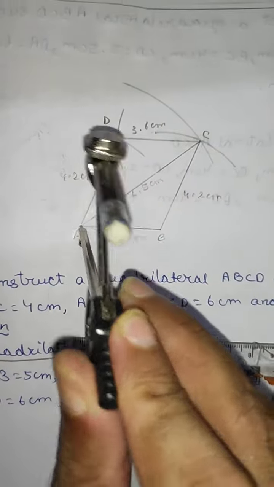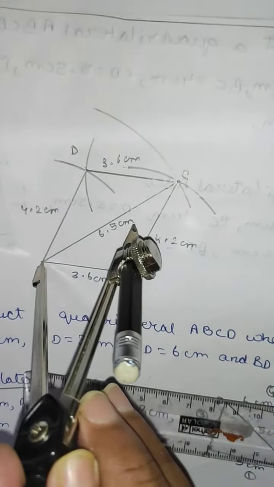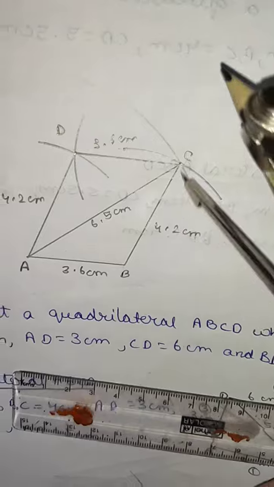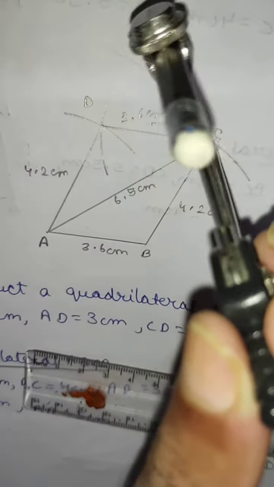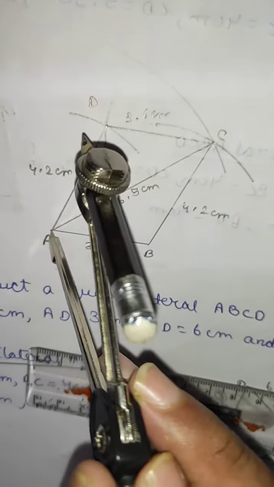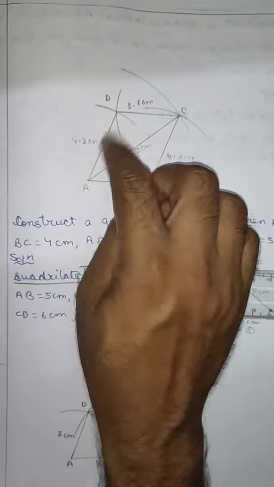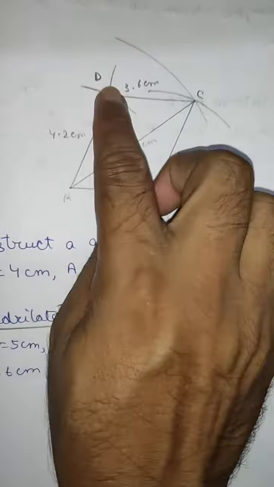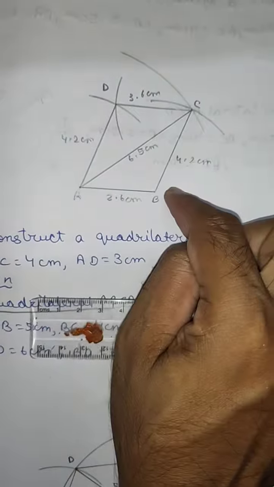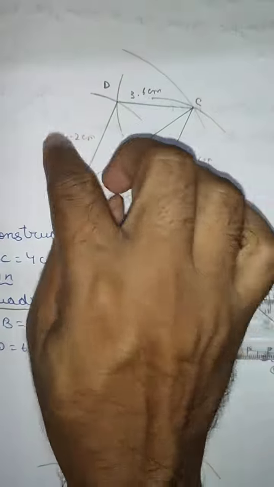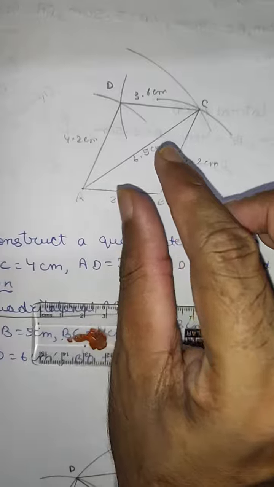From A point you just cross this one. So 3.6 from C point make the arc, 4.2 from A point cross. This intersecting point will be D. Join AD and CD. Your parallelogram will be ready. Put the measurements everywhere properly. Question number 4 is completed.